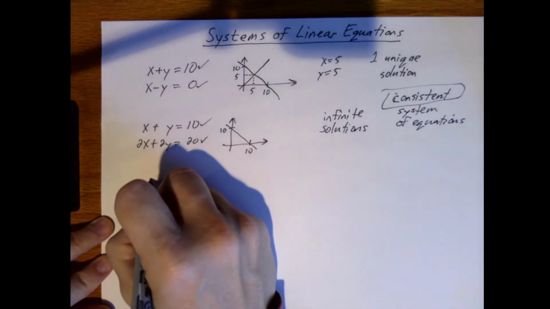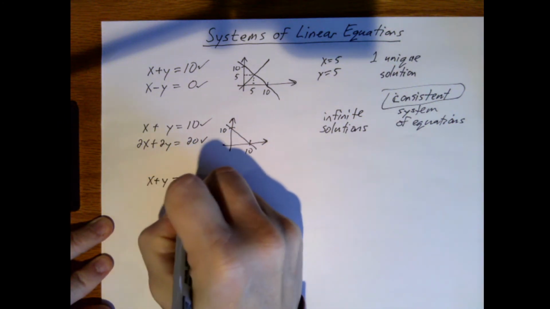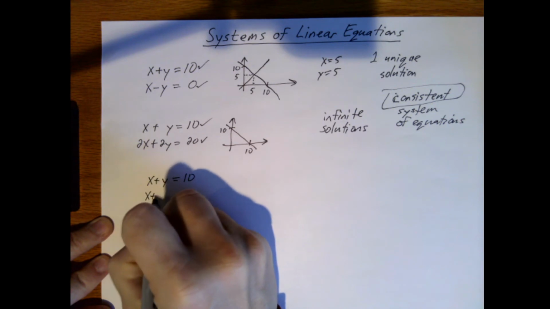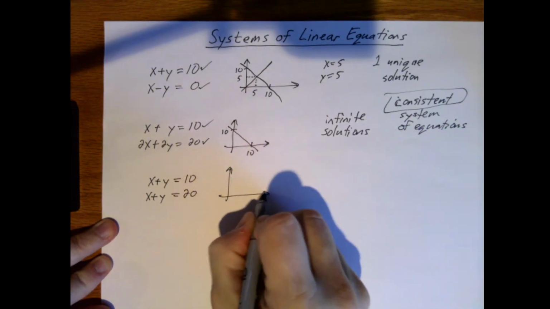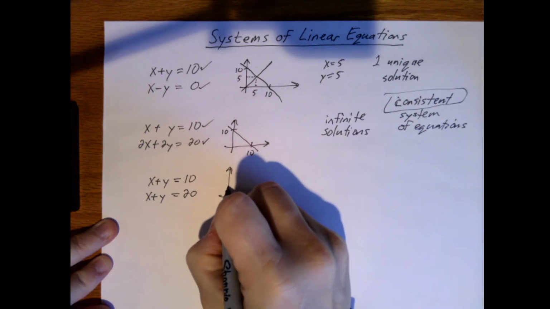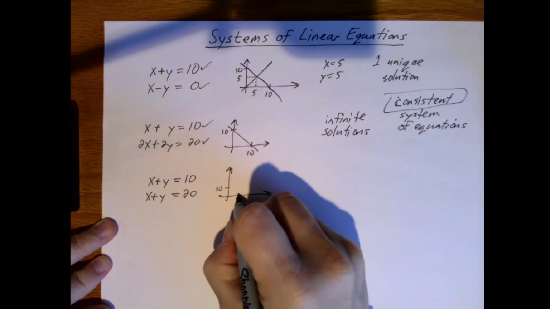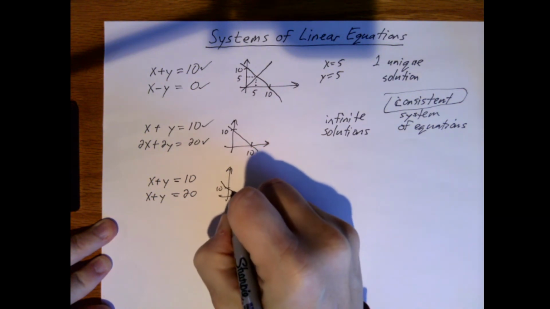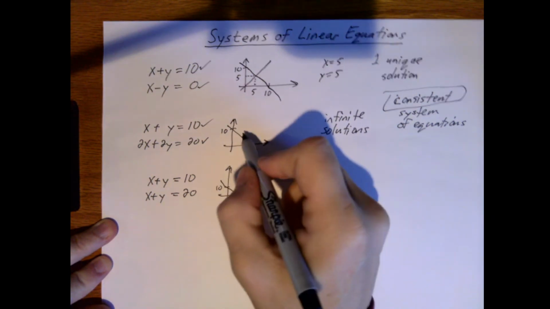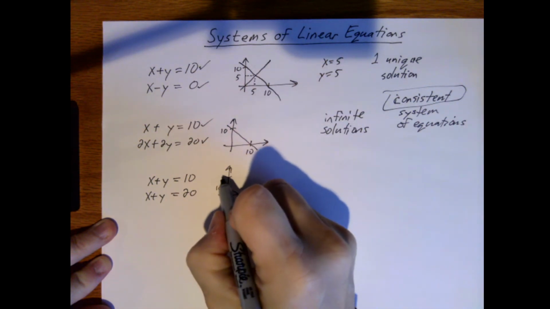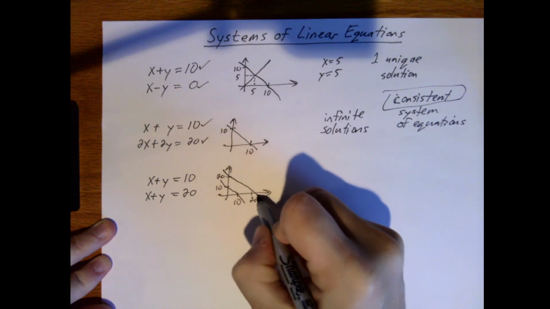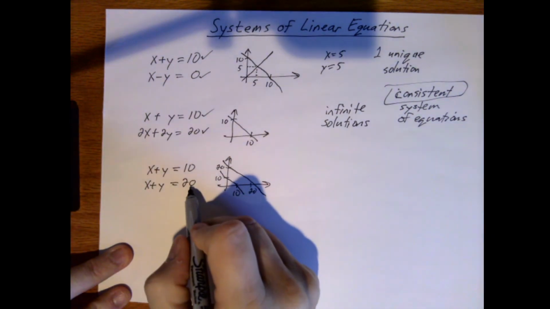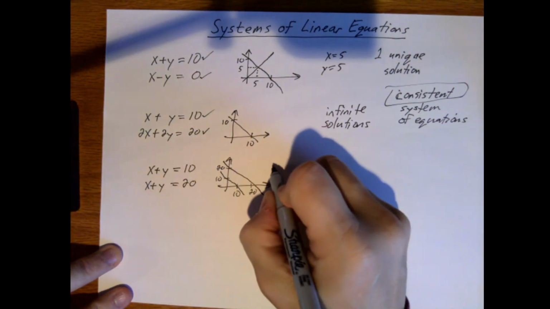Let's say we have this. x plus y is equal to 10, but we also have x plus y is equal to 20. And I'm going to draw this, change the scale here. So there's the first line, which is what we have in these others. And there's the second equation. So now we have parallel lines.